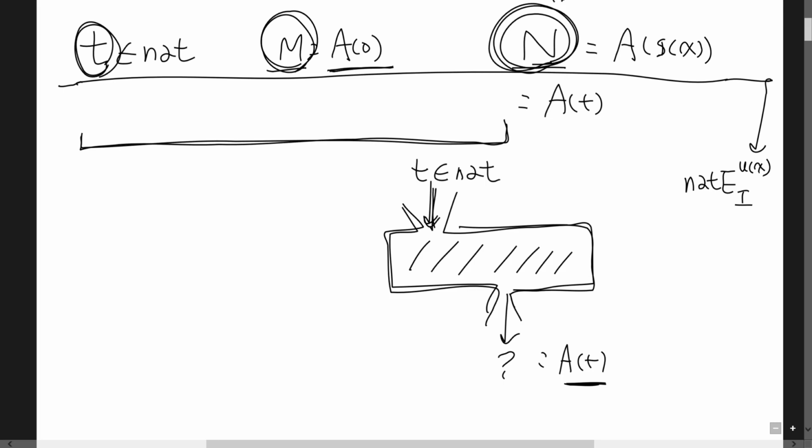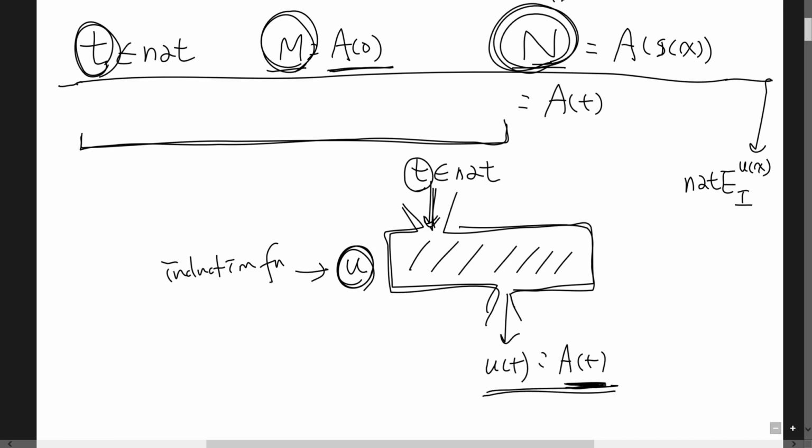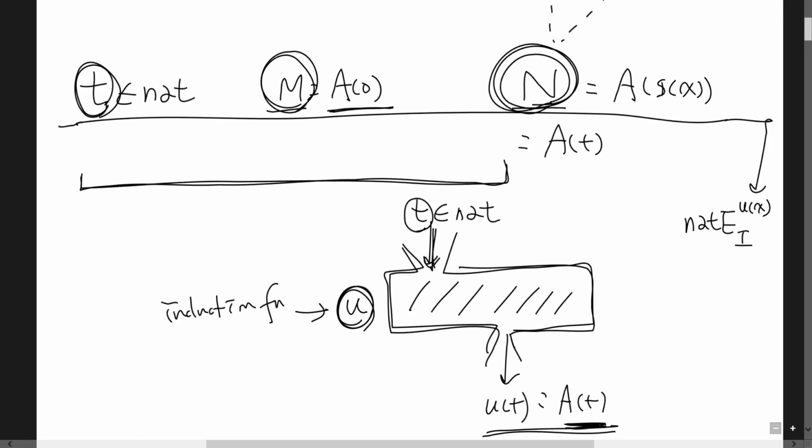And we'd like to call this function new, or you could call it induction function. So imagine that we are building this induction function new, which takes term t and returns u of t of type A of t. With this idea in mind, now we can choose a suitable form of proof term here.